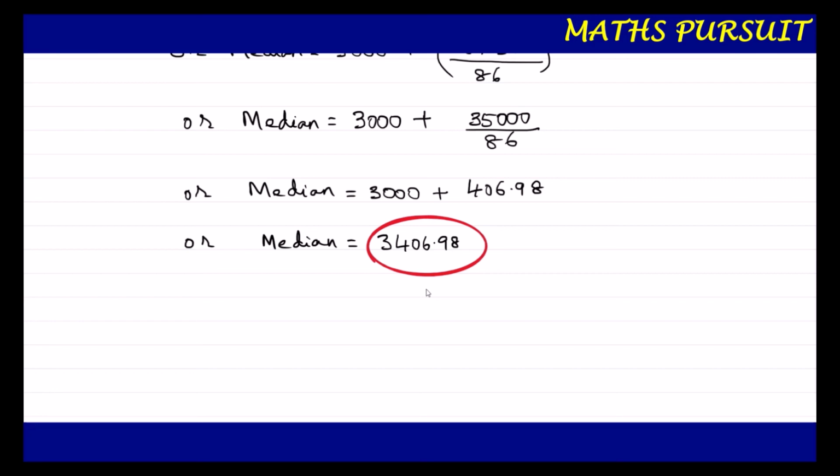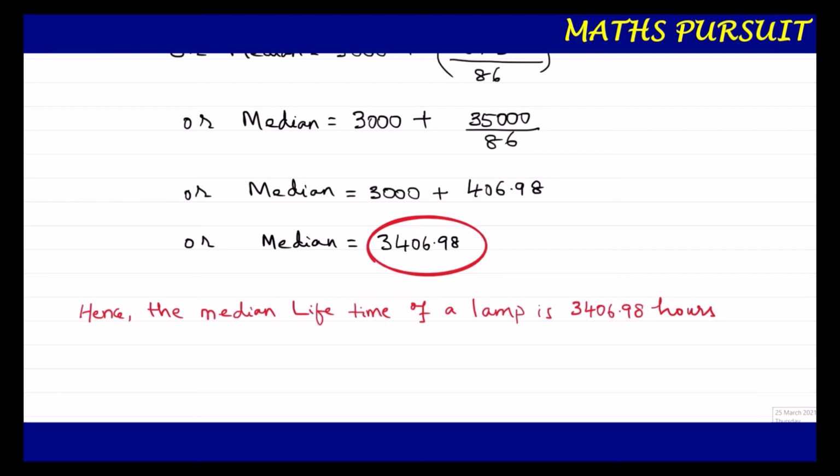So we can write here the concluding answer: hence the median lifetime of a lamp is 3406.98 hours, because we need to write this unit. As per the question they have given the unit in hours, so we need to write this unit. So what we wrote? We wrote hence the median lifetime of a lamp is 3406.98 hours.